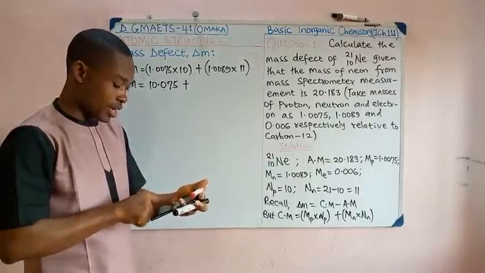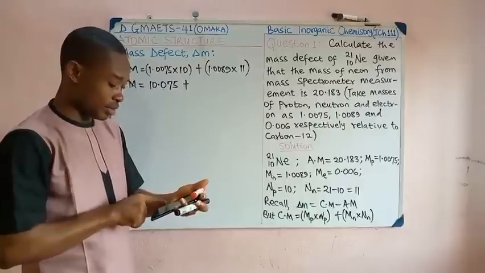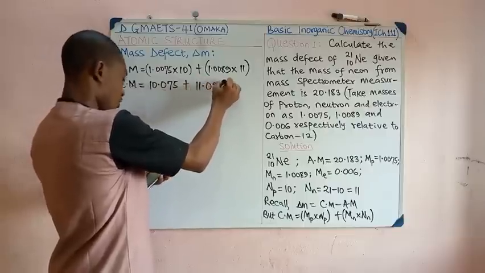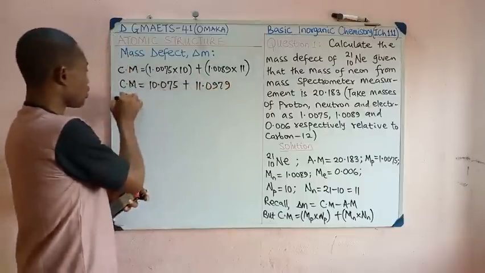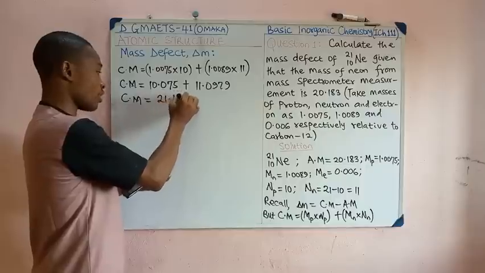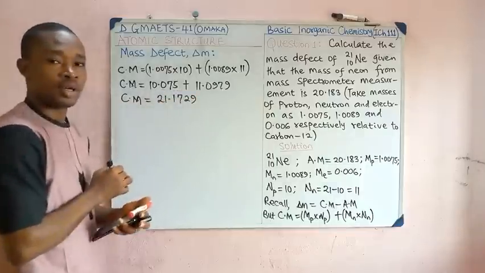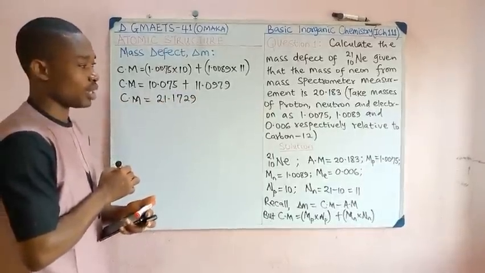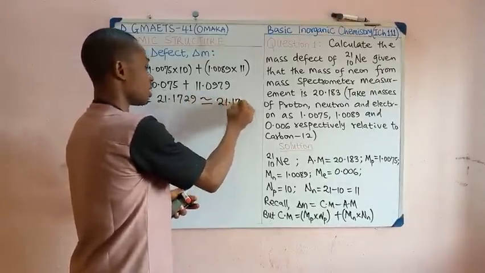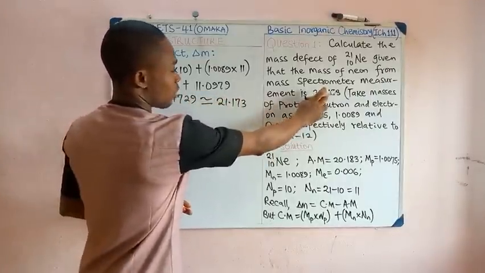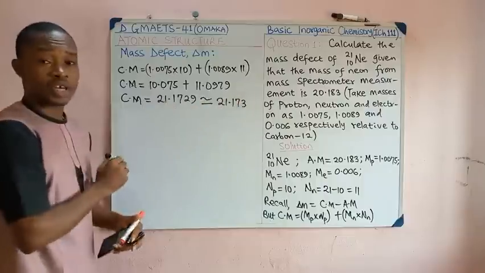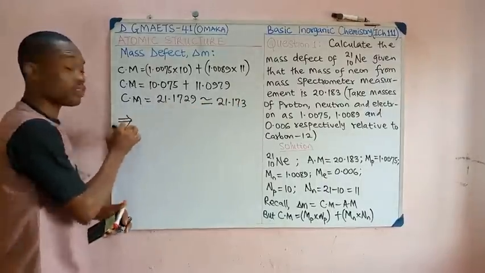Then 1.0089 multiplied by 11 gives me 11.0979. If you add these up, calculated mass is going to give us 21.1729. We can approximate this to 21.173, being that the actual mass we need for this calculation is in 3 decimal places. Our problem is nearly solved.